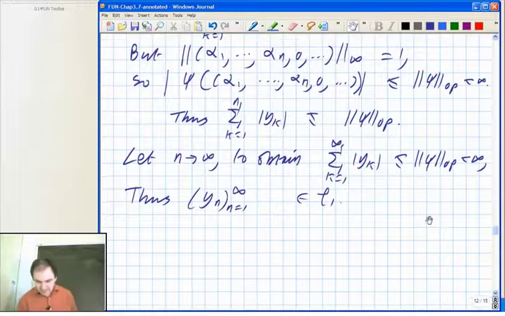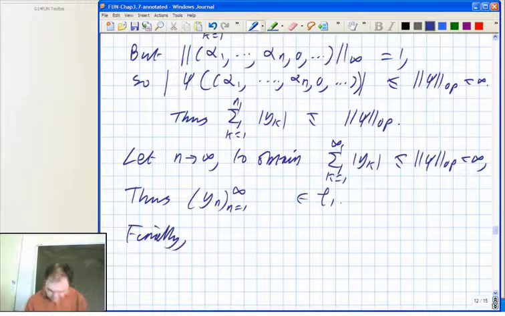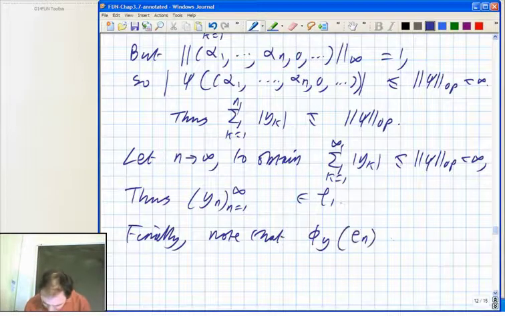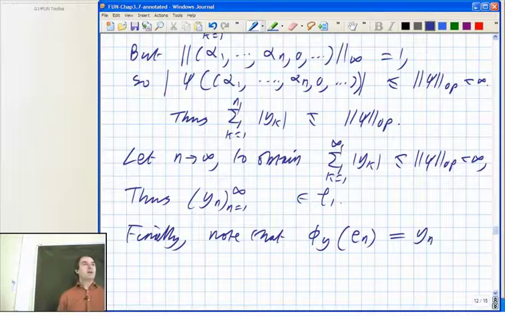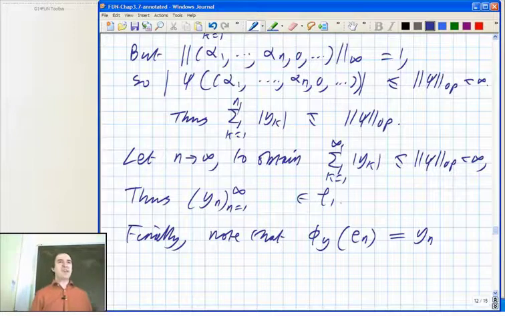And finally, note that phi sub y of En is also equal to Yn, because En has just got a 1 in the nth place. The phi sub y means you look at the sum of the xn yns. When the xn's are just 1 in the nth place, that picks out Yn. But that's the same as psi of En.